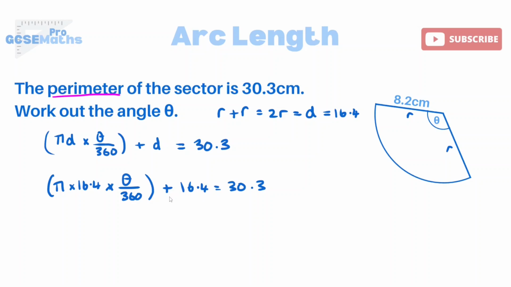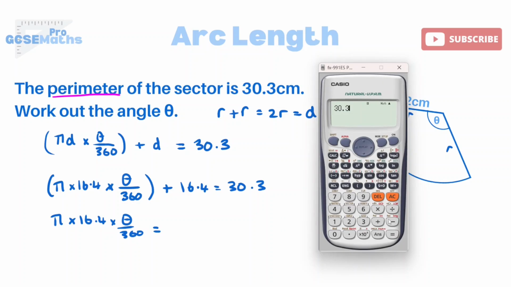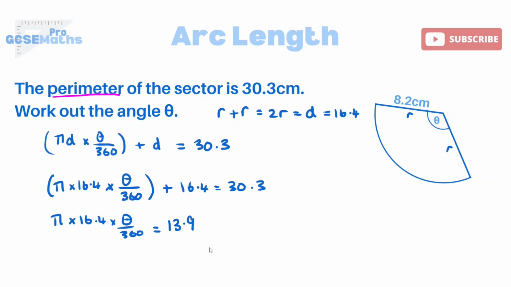I think the easiest thing to do is to move the 16.4, isn't it? Let's just subtract that straight away. Take that away because obviously it's currently added. So then my brackets will open up. I've got all of this times together, which equals, so we've got 30.3 minus 16.4, which gives me 13.9. Now, obviously, I'm trying to get to the point where I've got theta, this angle, as my subject.